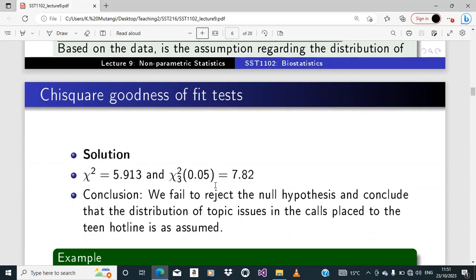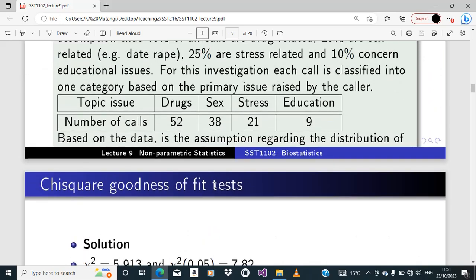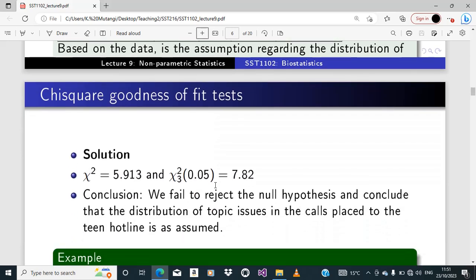So our null hypothesis would indicate that P1 is 0.40, P2 is 0.25, P3 is equal to 0.25 again. Then we also have P4 is equal to 0.10. We calculate the expected frequencies as before. Note that 52 plus 38 plus 21 plus 9 would amount to 120.